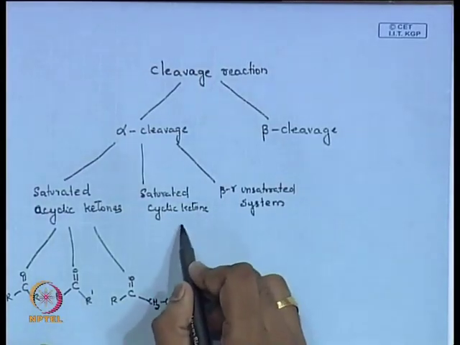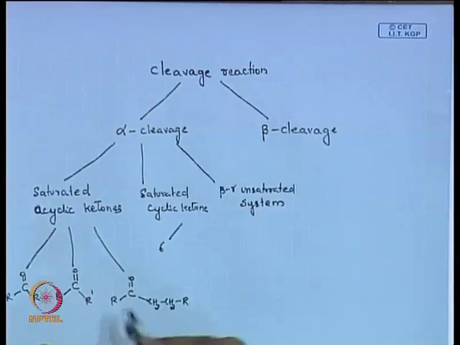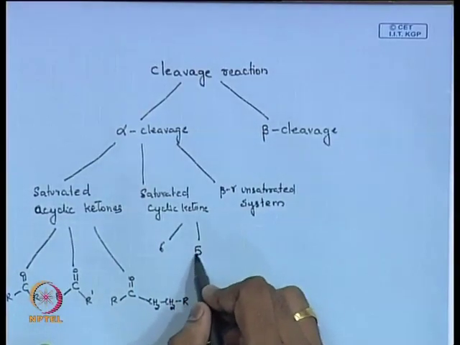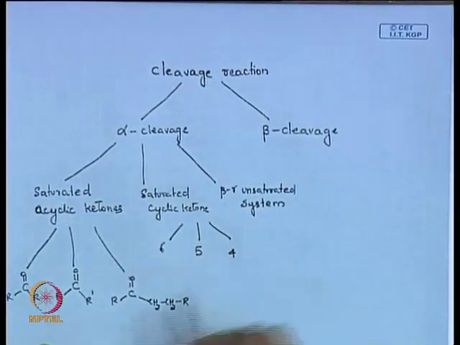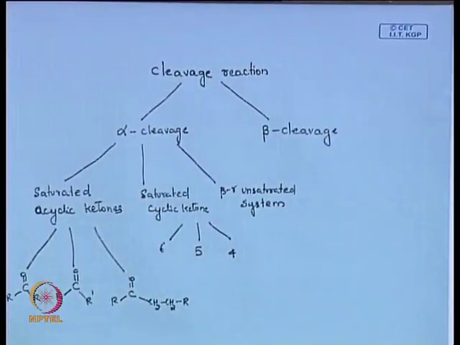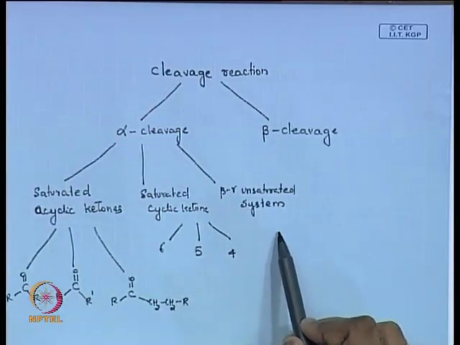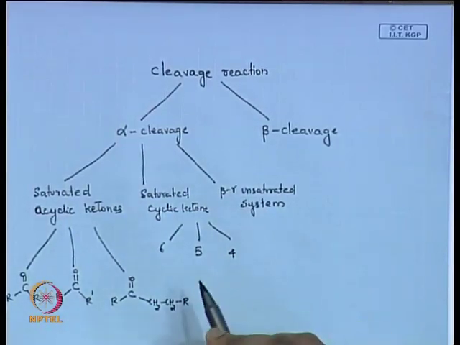Then in saturated cyclic systems we worked on 6 membered ring systems, then 5 membered, and 4 membered ring systems. In each ring system we saw that one can generate a 1,5 diradical, another generates a 1,4 diradical, and your 4 membered ring generates a 1,3 diradical. Then we worked with our beta gamma unsaturated systems.